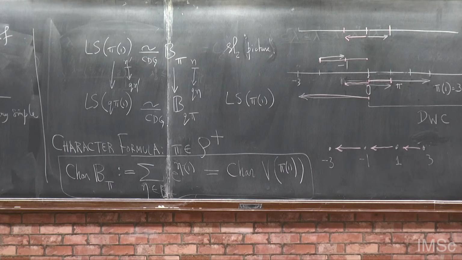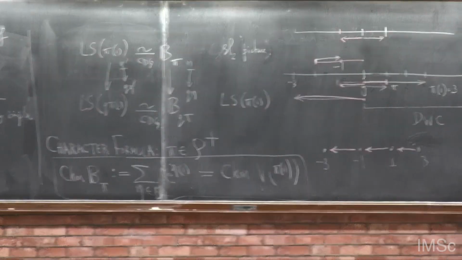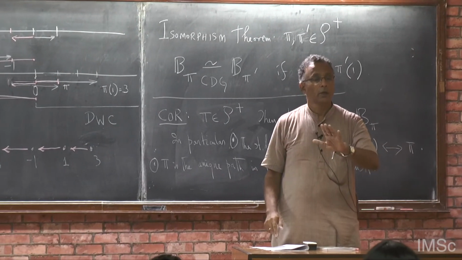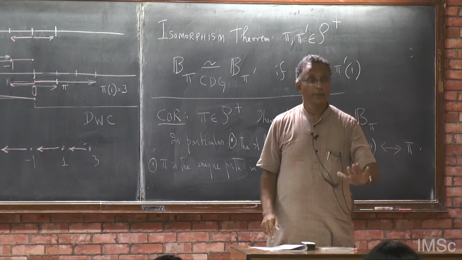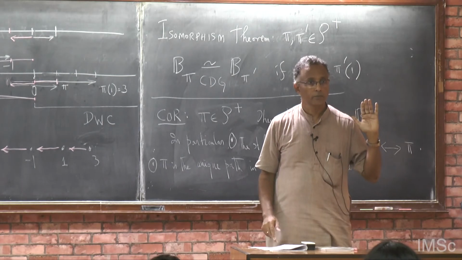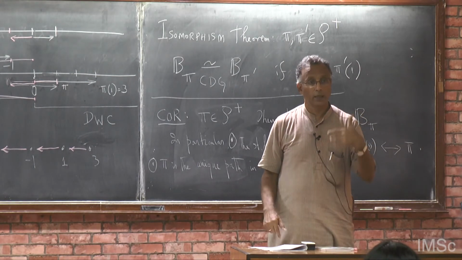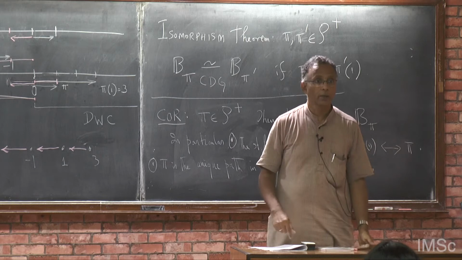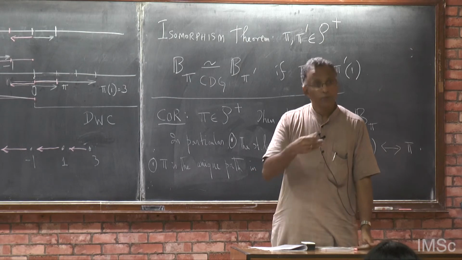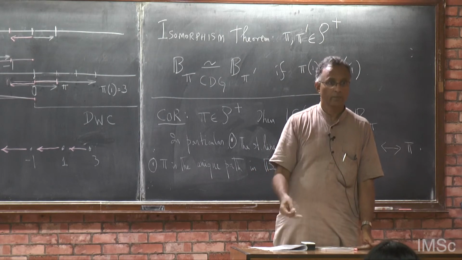If you want to count all paths of a given type which are in this B pi, there are finitely many of those if G is a finite dimensional algebra. But if G is an affine algebra, for example, then it could well be infinite.